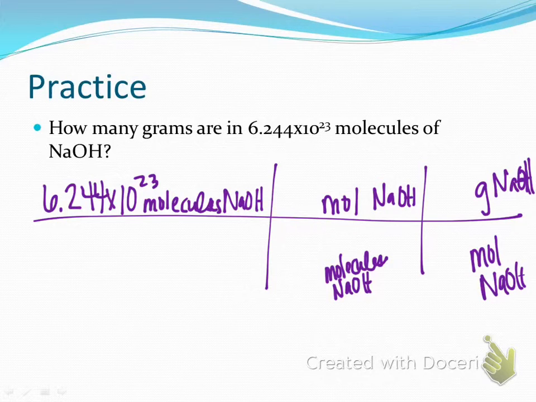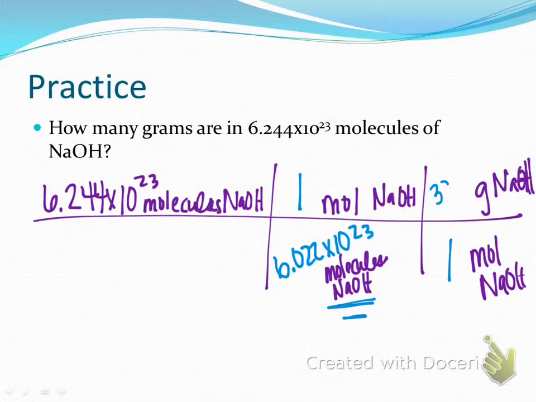Moles always, always, always gets the 1. How many molecules are in 1 mole of something? Good, 6.02 times 10 to the 23rd. And our molar mass of sodium hydroxide? I got 39.99, or 40 grams.